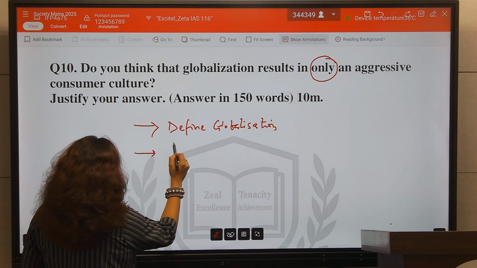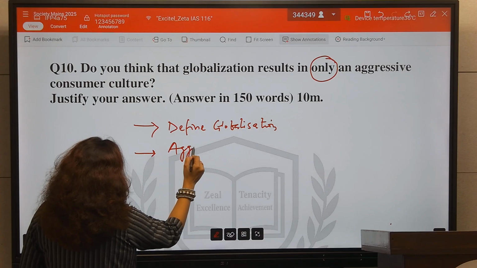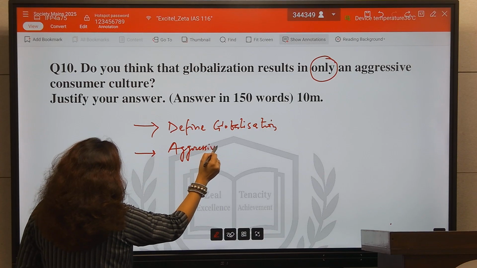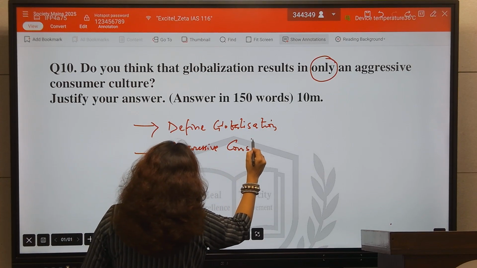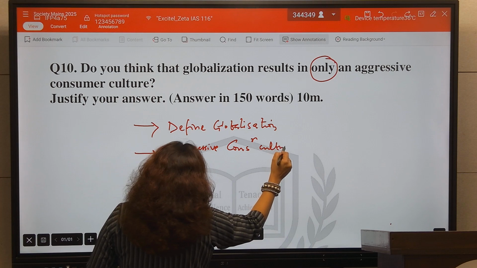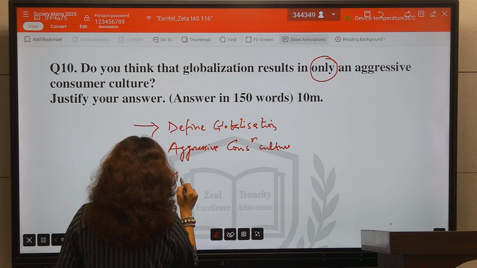Then what is aggressive consumer culture? How is globalization promoting it?